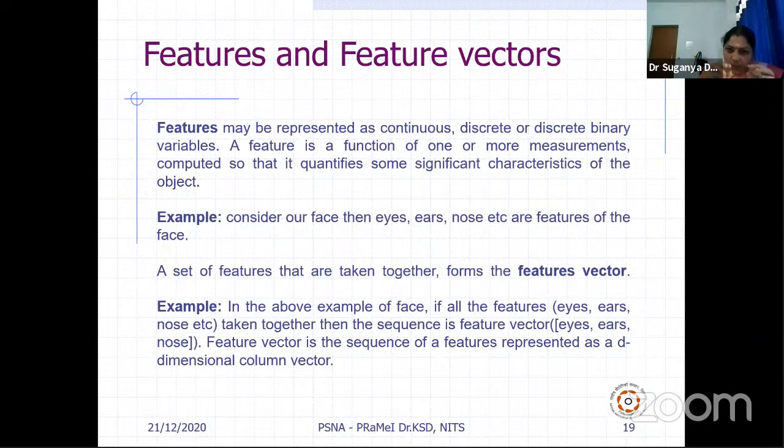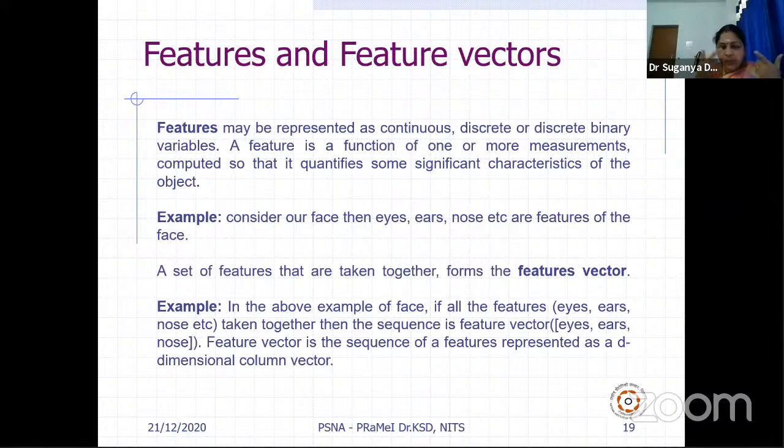Means the particular differentiation, that is the level of intensity where it changes in the images, that edges alone is the major features, not all the pixels. Okay, so it quantifies some significant characteristics of the object, that is called features.